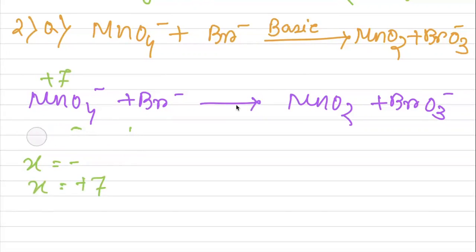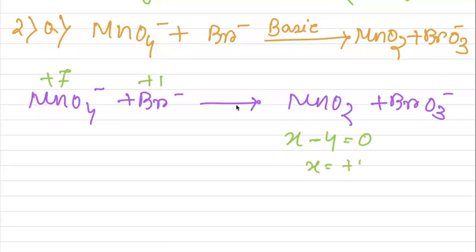Clear? Yes, miss. Now bromine over here, bromine will be -1, obviously. Now here in MnO2, x minus 2 oxygen, 2 oxygen means 4 equals to 0 because it is a neutral molecule. So x will be +4.